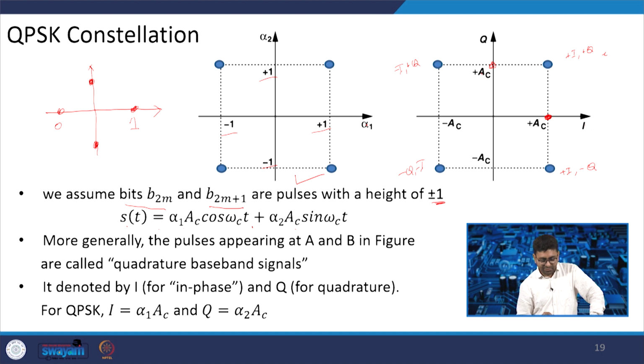The x axis gives the in-phase PSK signal, cos times cos, and the other is the quadrature. The pulses appearing at A and B in this figure are called the quadrature baseband signal, denoted I (in-phase) and Q (quadrature), where I is alpha1 A_c and Q is alpha2 A_c. This notation is widely used for drawing the constellation.